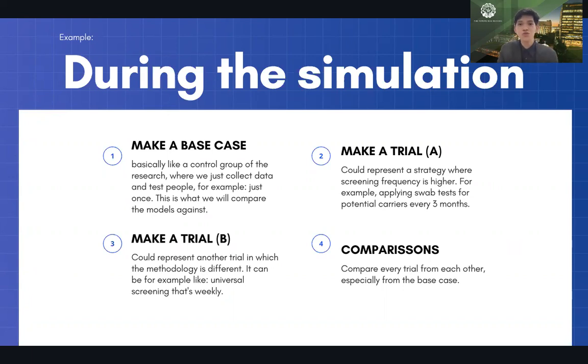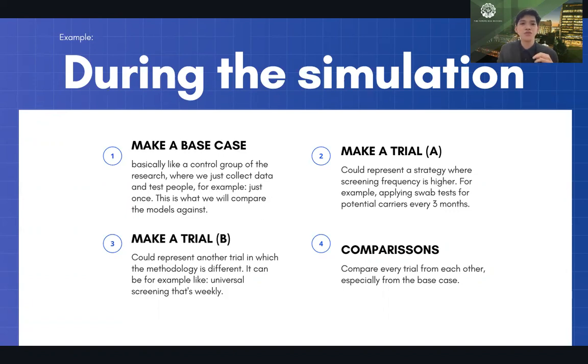The second thing we do is make a trial. Basically, this is where we apply the model. For example, trial A could represent a strategy where screening frequency is higher, such as applying swab tests for potential carriers every 3 months. In comparison to this, with a different methodology, we make trial B. This could represent another trial in which the methodology is different.